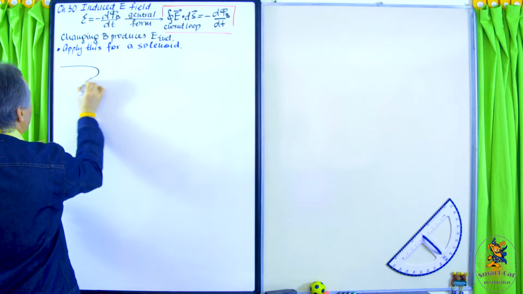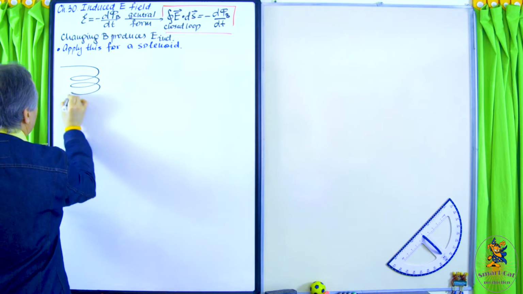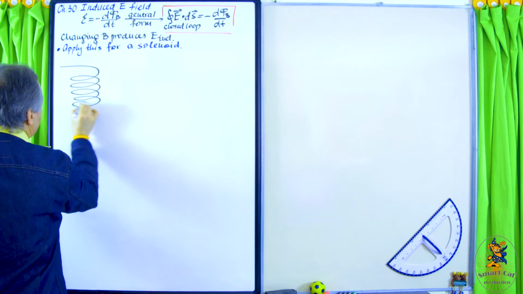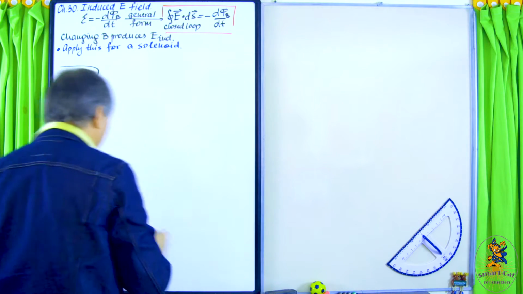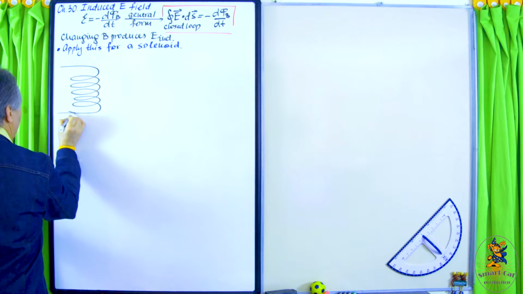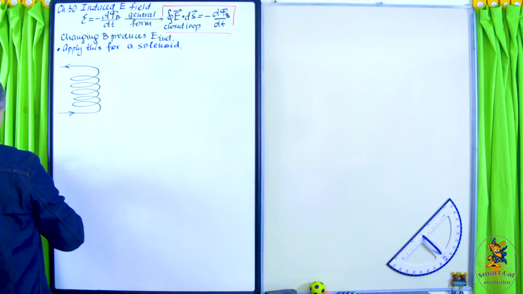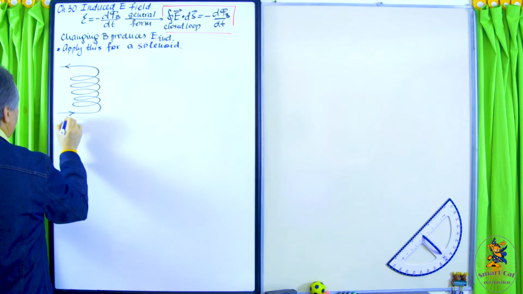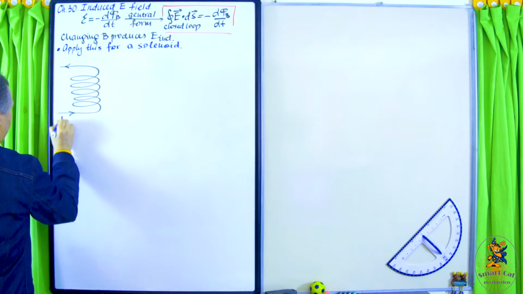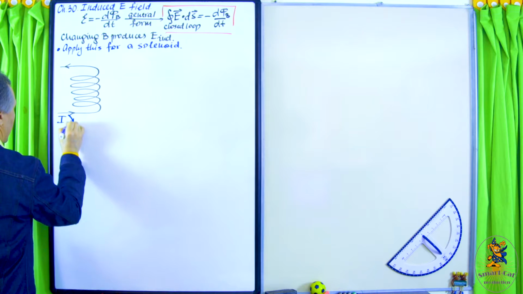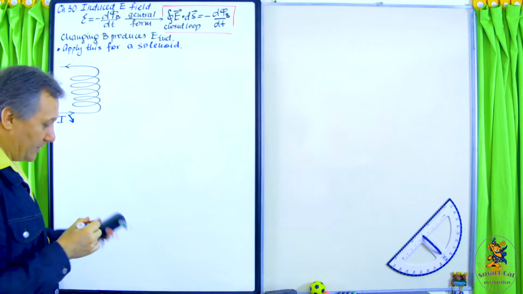Probably it will be something like this. So let's say this is my solenoid. Current in, current out. Let's assume that this is current in, here current getting out. And let's say the current is going down in time.